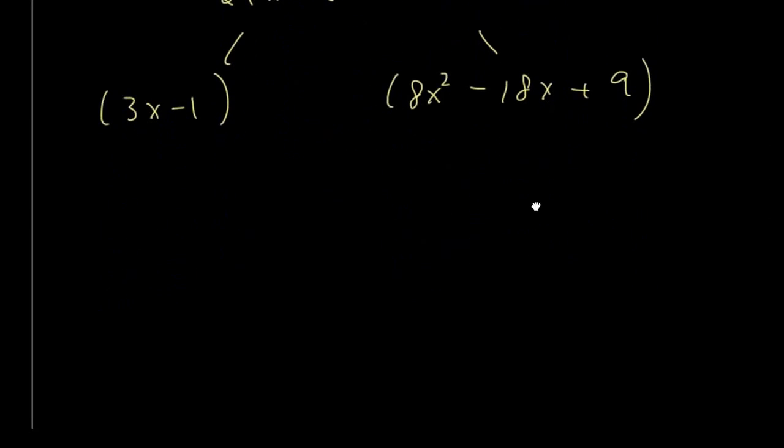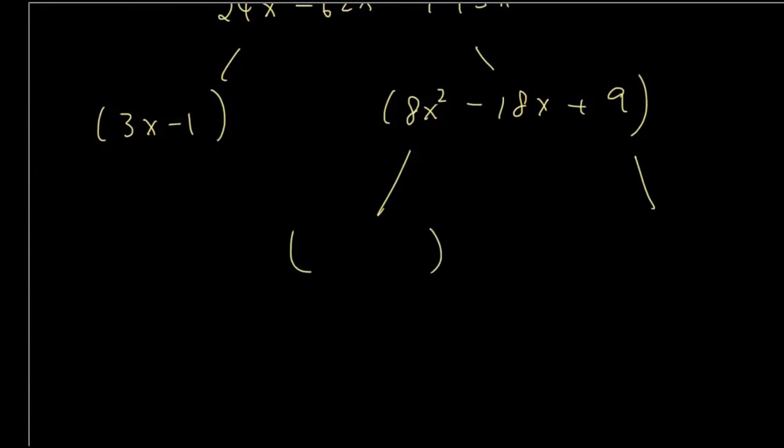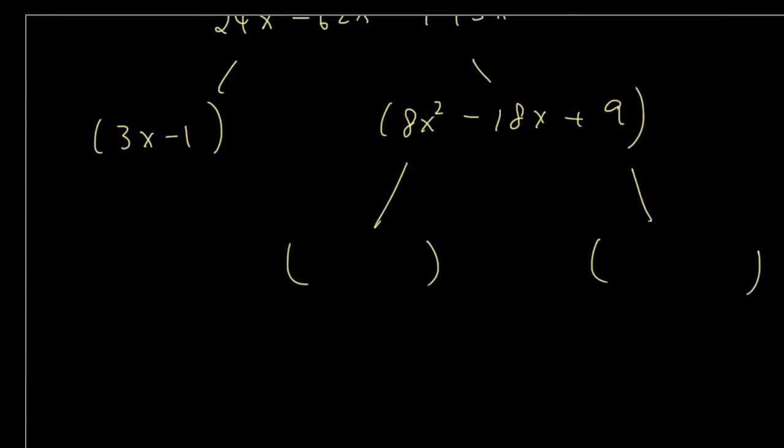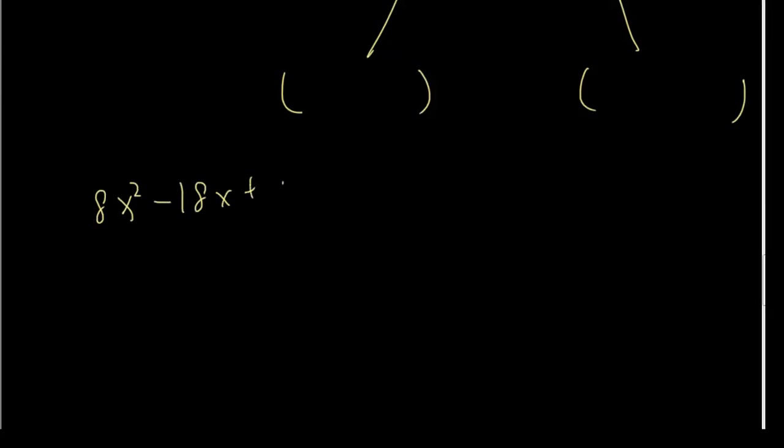Using the complete the square method, I can find the remaining factors. So let's get started. I need to complete the square for 8x squared minus 18x plus 9.